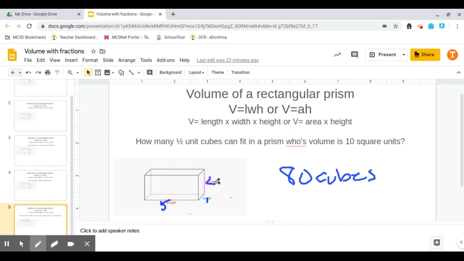This still gives me a volume of 10. 5 times 1 times 2 is 10. So how many halves go into 5? Well, 10 of them. How many halves go into 1? Well, 2 of them. How many halves go into 2? Well, 4 of them. Okay. 4 times 2 is 8, times 10 is still 80. So it doesn't matter how you divide that up as long as you get a volume that equals 10 in this case.